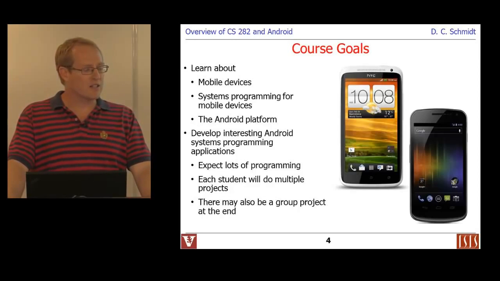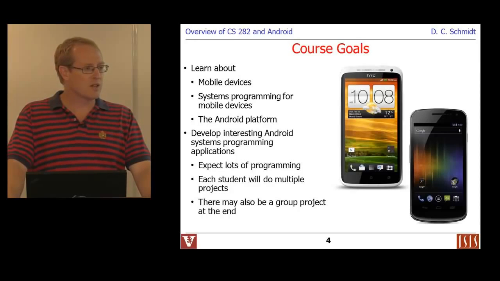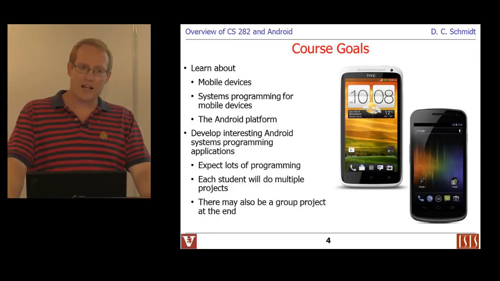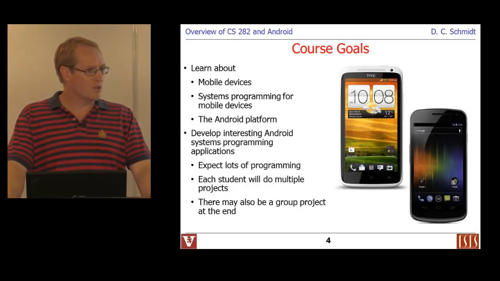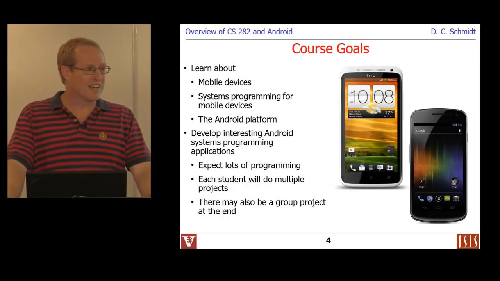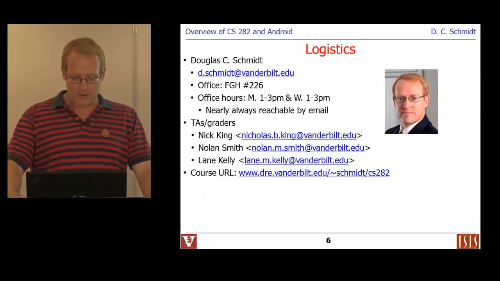The goal of all that is to get people to try something more interesting, bigger, broader, and so on. Some of you are going to be taking, or I know some of you are taking, CS 279 or 278 with Jules White. For those of you in that class, we'll try to figure out a way that the projects we do here and there can dovetail on each other. You'll learn more about why that's a good thing when we get further along in this course and that course. And as usual, there'll be lots of programming.